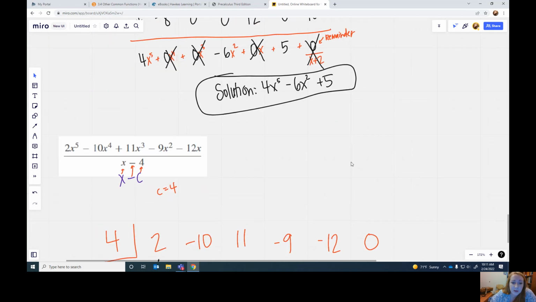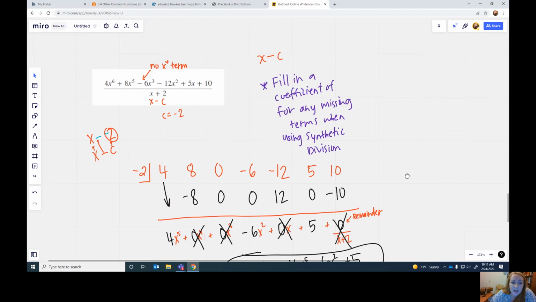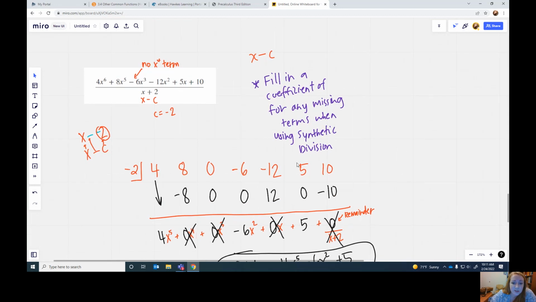One of the most important things I would like you to take away from this lesson today is if you are using synthetic division, which is my suggestion, I think it's a little bit faster and a little bit easier, do remember that you have to fill in a coefficient of 0 for any missing terms when you're using synthetic division. So always look through the dividend before you start and see if you see any of those missing terms. So here we saw it went from an x to the fifth term to an x to the third term. So we were missing that x to the fourth term.